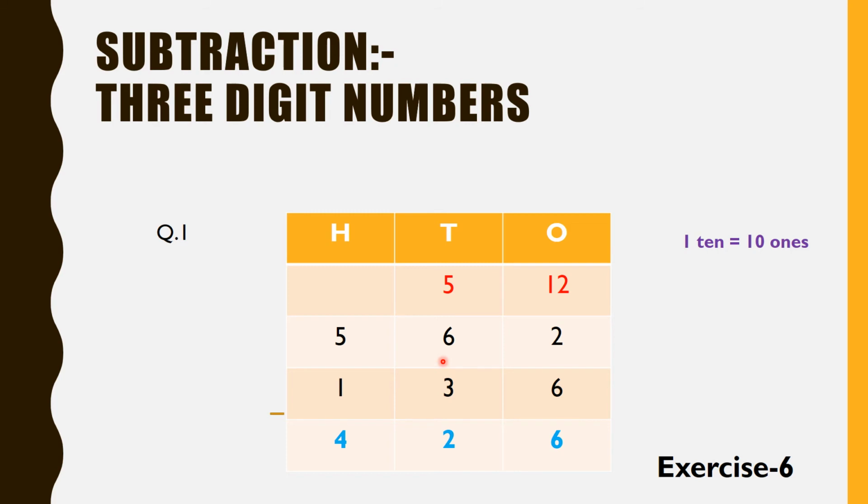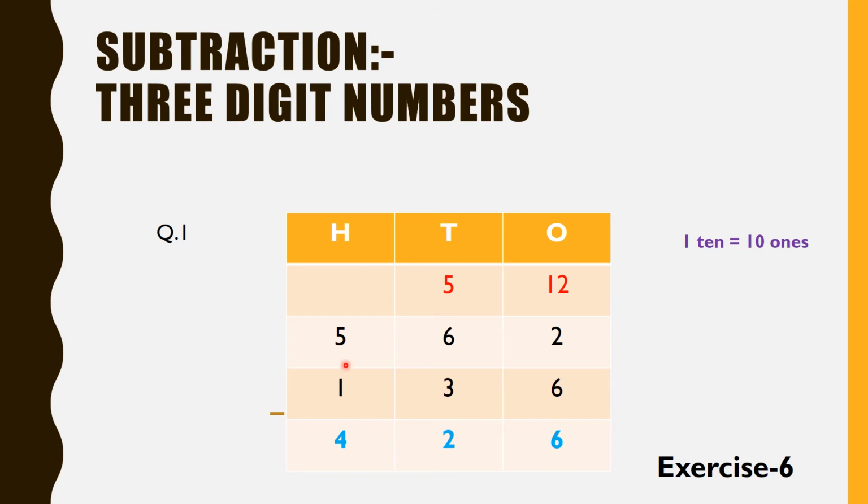Now from this 6 tens, since we have borrowed 1 ten, it will become 5 tens. Now from this 5 tens, we can easily take away 3 tens, right? So therefore, 5 minus 3 is 2 tens.